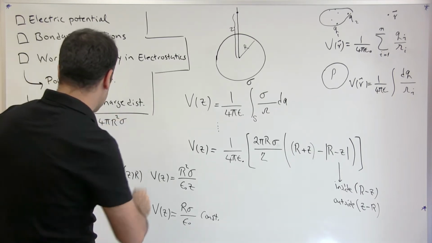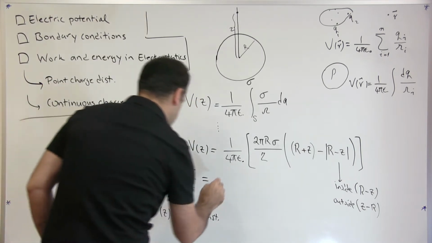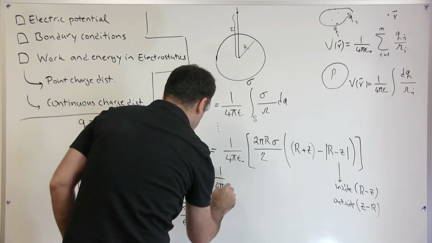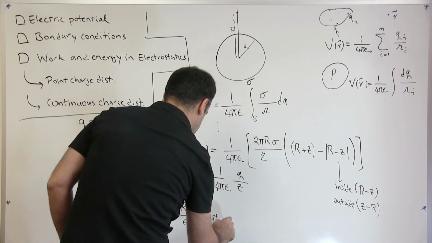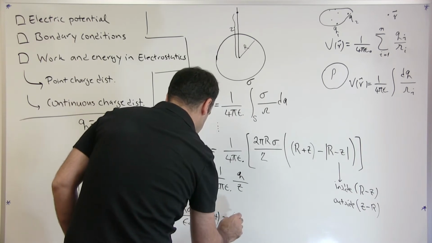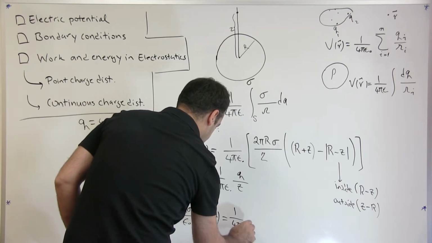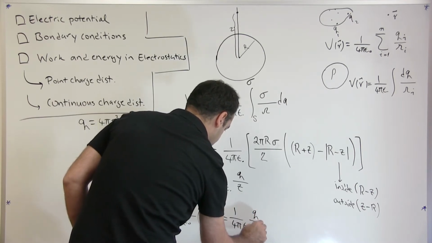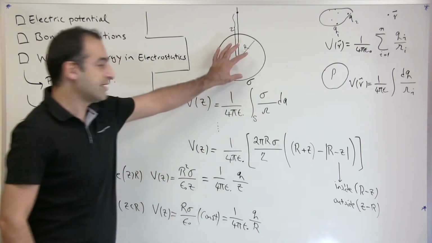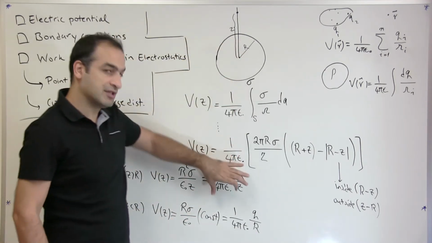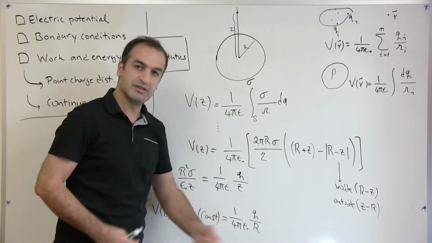And if we write this potential in terms of Q, outside it's going to be 1 over 4 pi epsilon 0 Q divided by z, and inside it's going to be 1 over 4 pi epsilon 0 Q divided by R. And this is what we really expected. Outside the spherical shell, the potential should behave very similar to a point charge, and inside the spherical shell, it should be just constant.